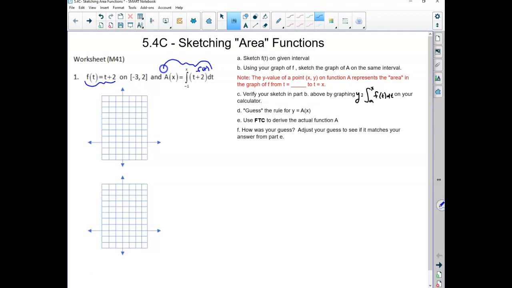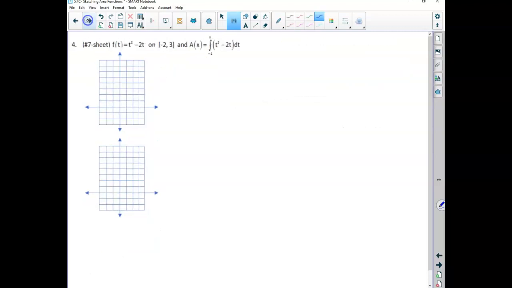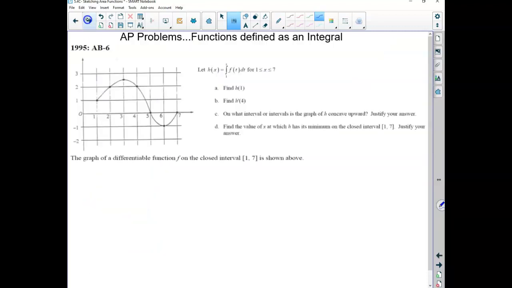And why are we going to be doing this? Well, what you're going to run into on the AP test is they are going to define a function as an integral with a graph, and they're not going to tell you anything about the function.